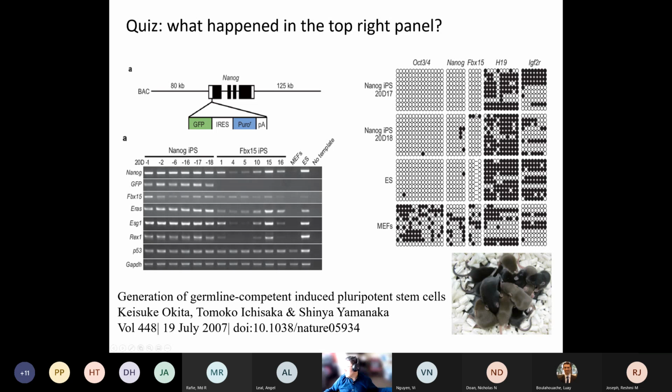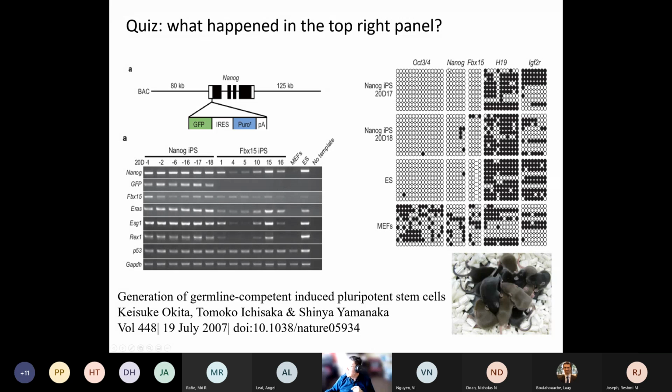But the important thing I want to point out is this part. You see these tiny circles. What does that mean? Each block here is a CpG island. In a CpG island, you have many CpGs, right?